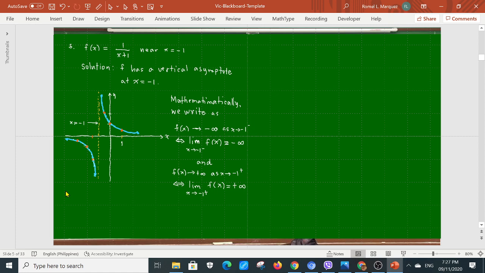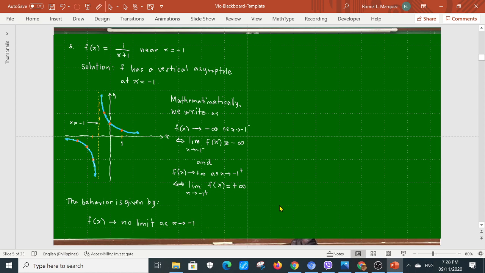So, the behavior is given by: f of x approaches no limit, f of x does not approach a limit as x approaches negative 1.